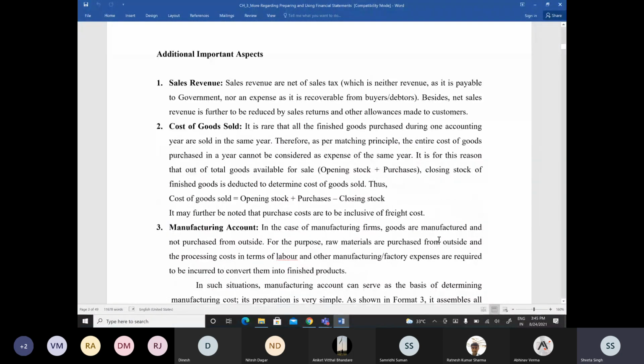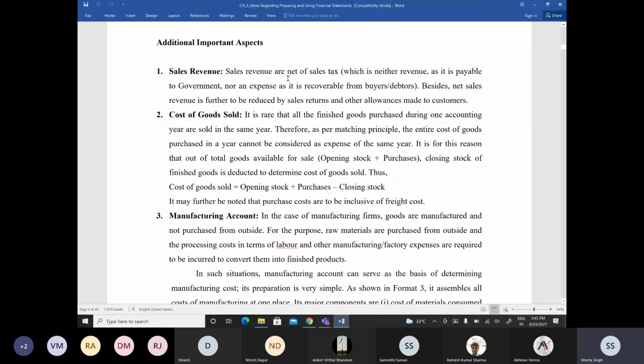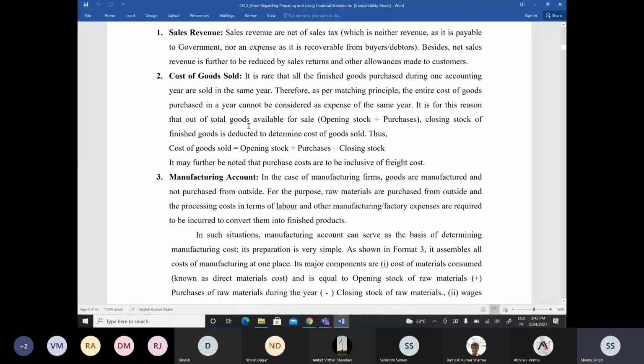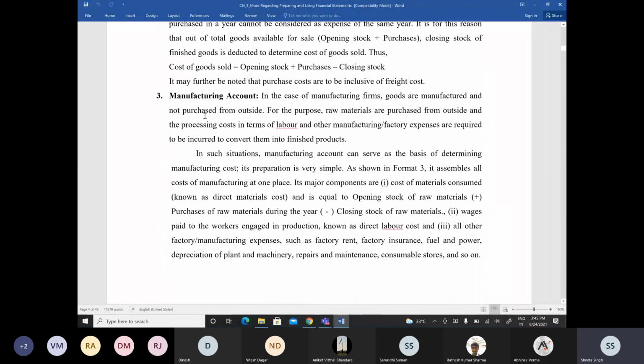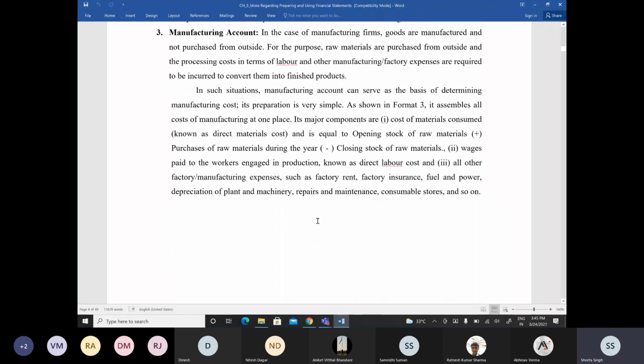Now here are the details of each item. What do you understand by sales revenue? What do you understand by cost of goods sold? In case you have a manufacturing company, then this would be your cost of goods sold.